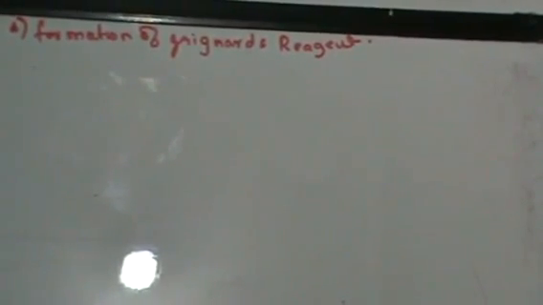Now first of all, what is a Grignard's reagent? A Grignard's reagent is an organo-magnesium compound. It is an organohalide. So its general formula is RMgX, alkyl magnesium halide. Fine, do we get this in here?